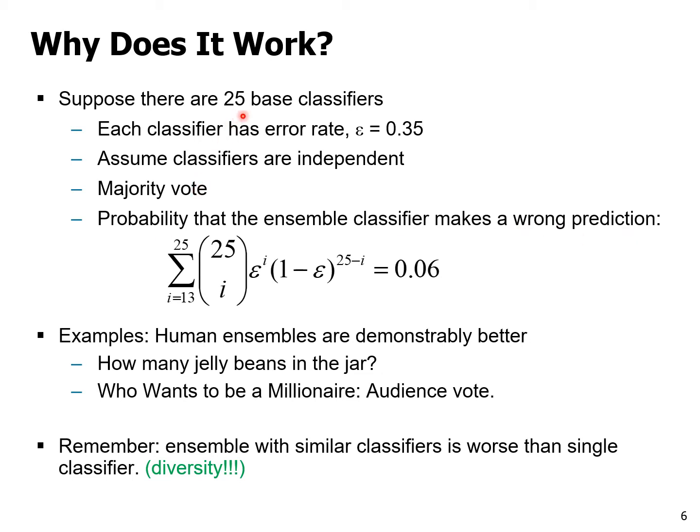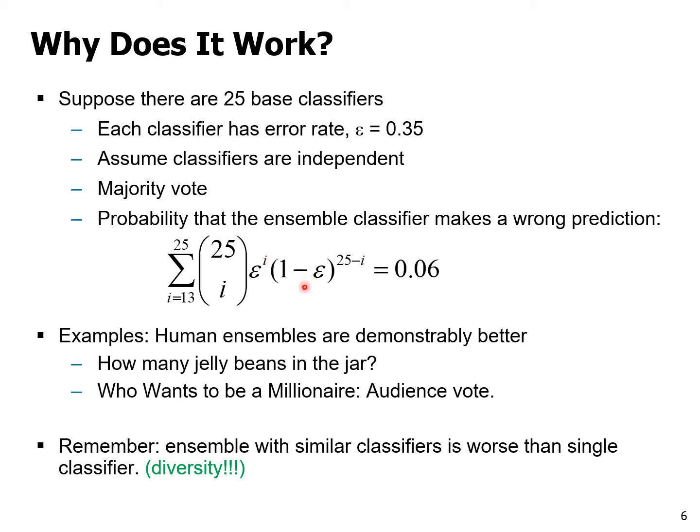Because we have 25 classifiers, to make a wrong prediction, the number of wrong answers should be at least 13, right? So let's say i is the number of wrong answers, then i varies from 13 to 25. And this e is the error probability, and this error happens i times.